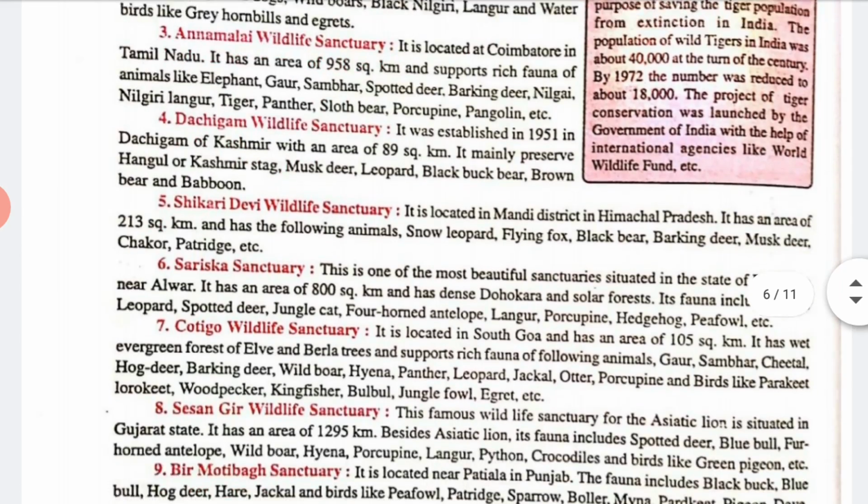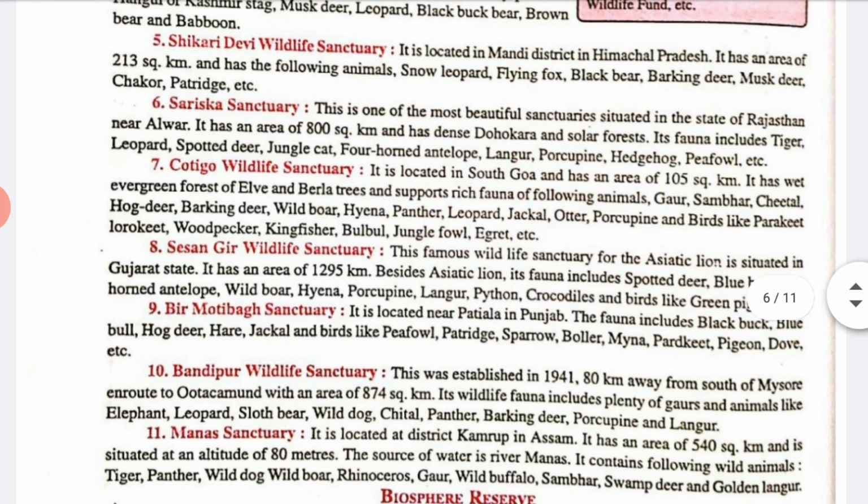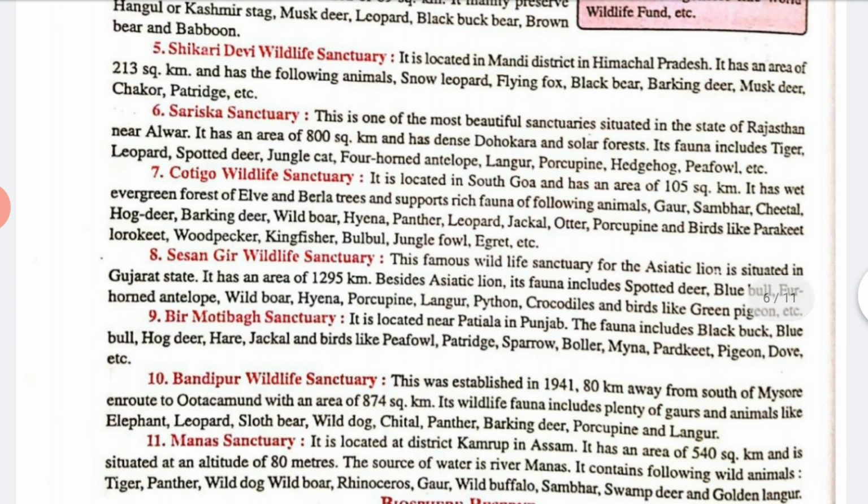So in this way we have numbers of sanctuaries present all over the country. Clear? Now you can take help of your book to read about these sanctuaries and different national parks.